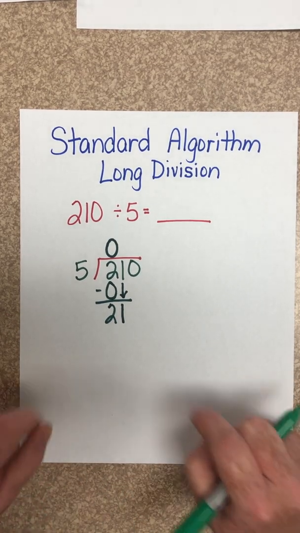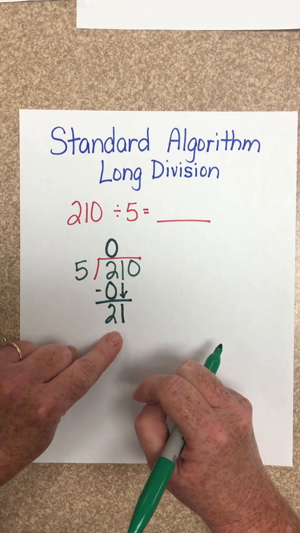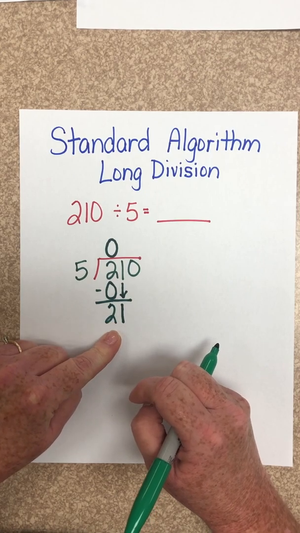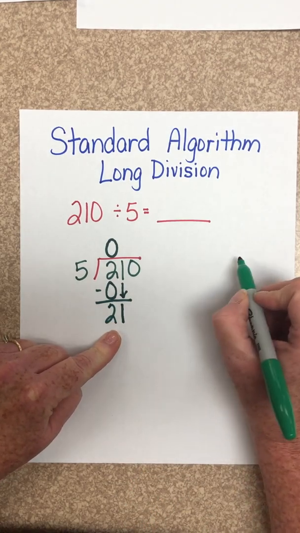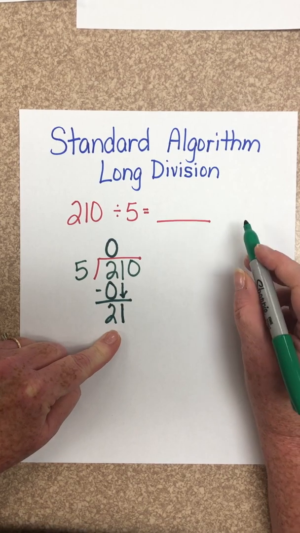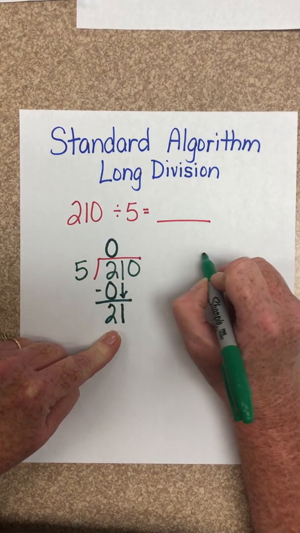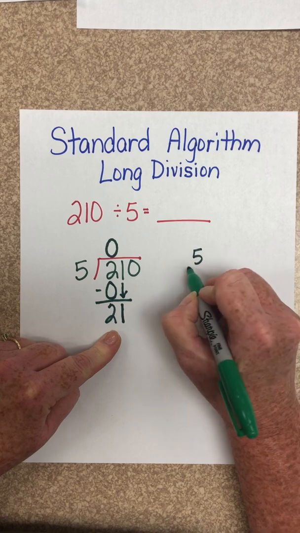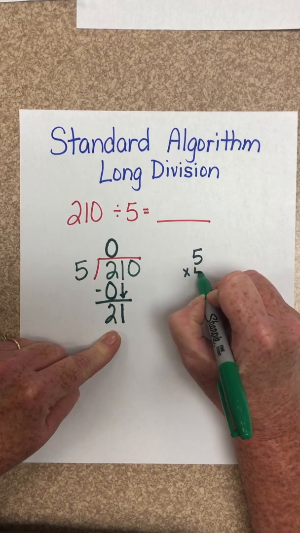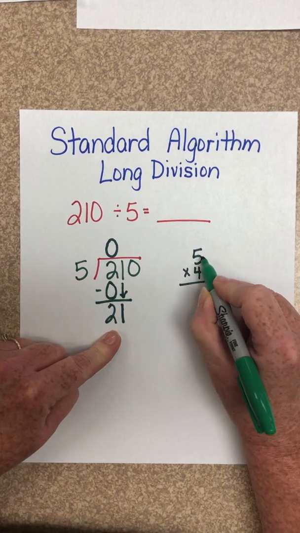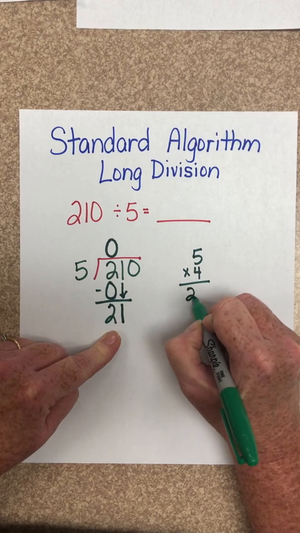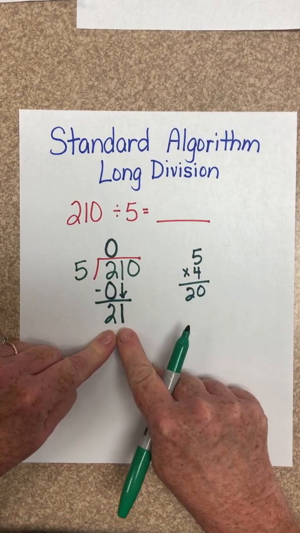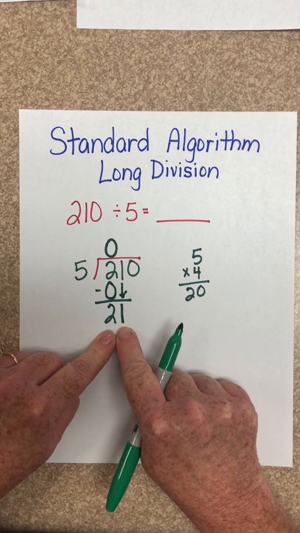Again, we ask ourselves, well, how many 5s can we get out of 21? Well, I recommend that we go to the side of our paper and we make a few notes just to help us out. Let's start with 5 times 4. Well, 5 times 4 is 20. Well, that's about as close to 21 as we're going to be able to get.